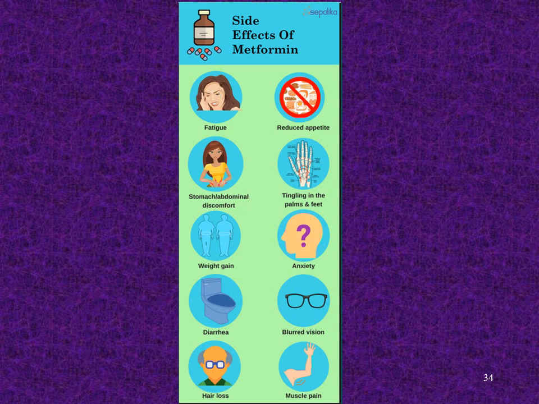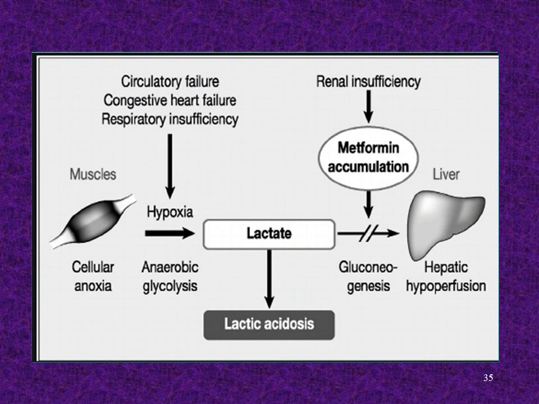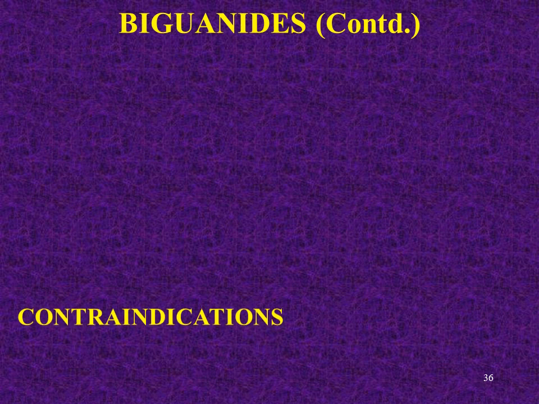These are adverse effects of metformin, which are common adverse effects. Tingling in the palms and feet are because of its vitamin B12 deficiency. So this is the pathophysiology for how it causes lactic acidosis, which we have already covered.